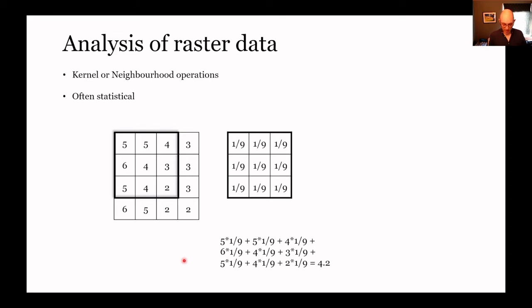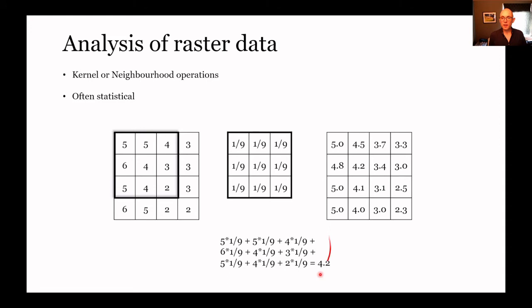So we just multiply, looking at this first column here because it gets messy if I put arrows in everywhere. In the first column, we've taken this 5 from here, and we've taken the 1/9 from there. We multiply them together. We've taken that 6 from there, and the 1/9 from there, and we multiply them together, and likewise, and we carry on across all 3 columns, so that we end up with this sum of, in this case, 4.2, which we then put into our new raster.